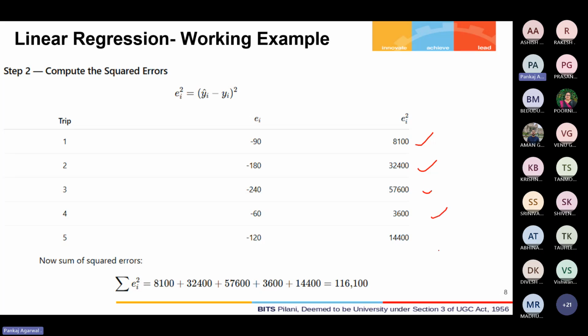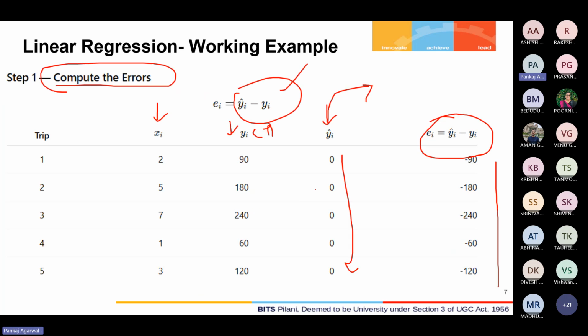Now, can anyone give me a little bit of an idea why and how this square is helping us? Anyone? How is this square helping us? This is a perfect case to talk about squaring. Exactly. So how would this removal of negative values help? Why would I like to remove these negative values?